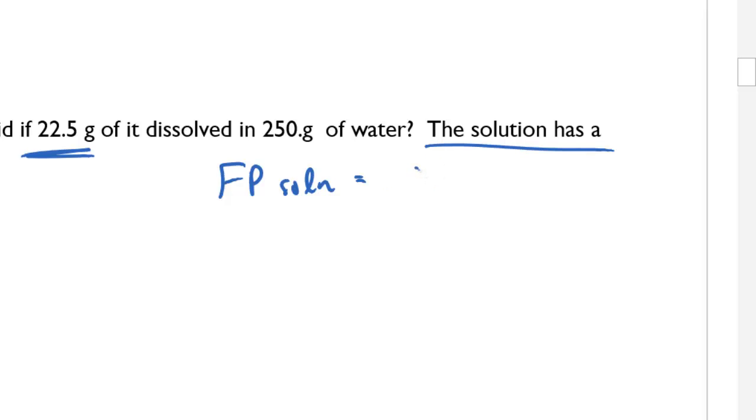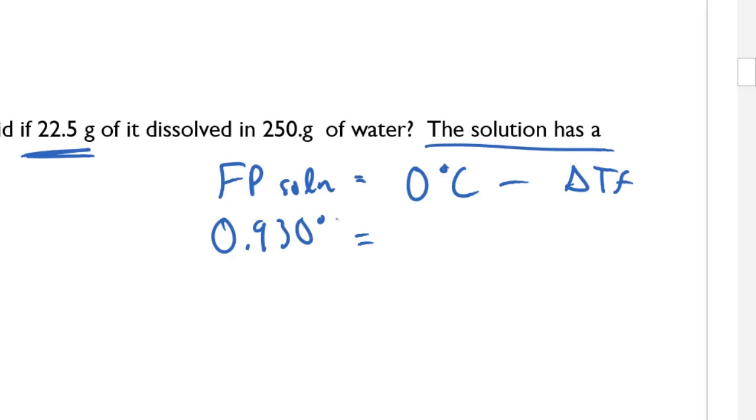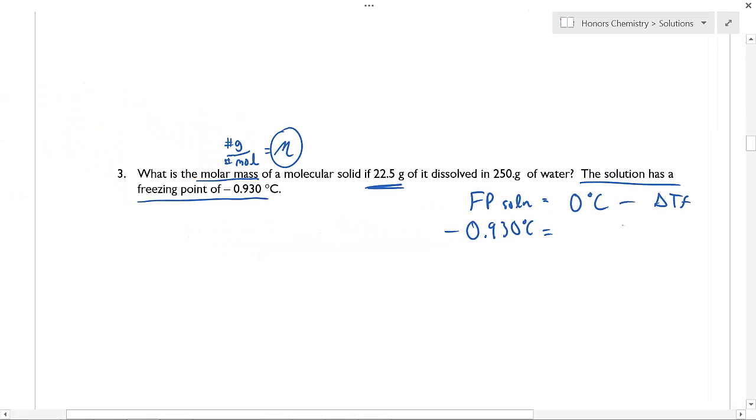You kind of have to work backwards, knowing that water normally freezes at 0 minus some change in temperature freezing. Those values are going to have to equal this new freezing point, which was negative 0.930. So you're going to solve for this little unknown over here, negative delta Tf. So delta Tf is equal to 0.93 degrees Celsius.